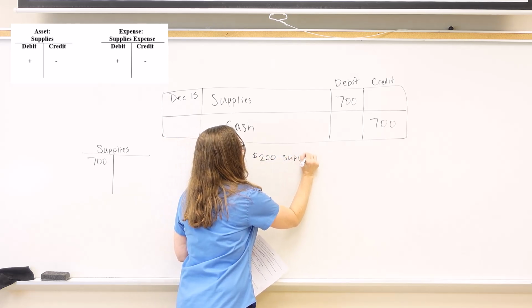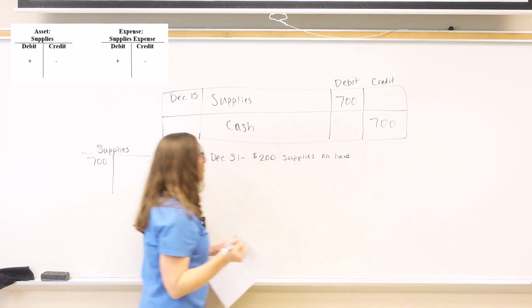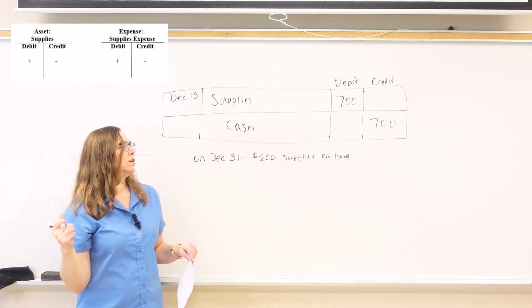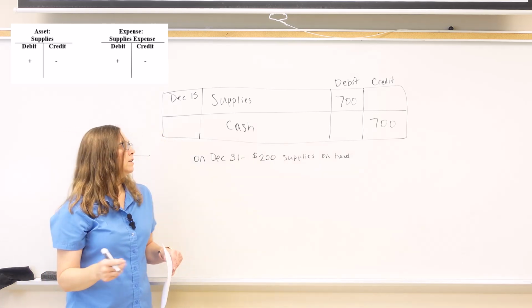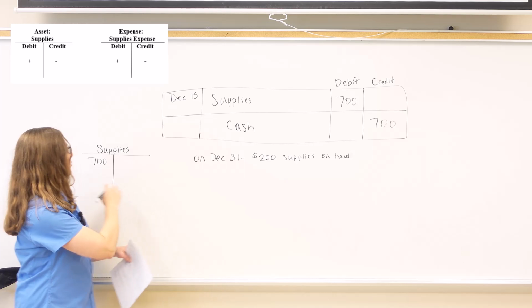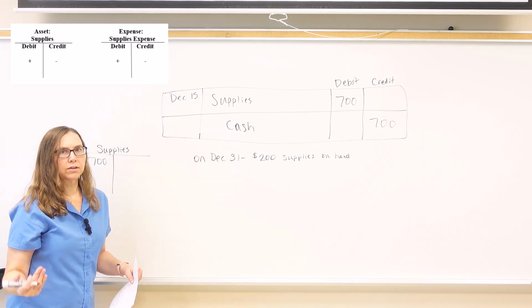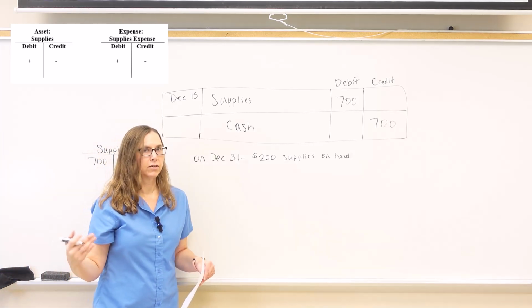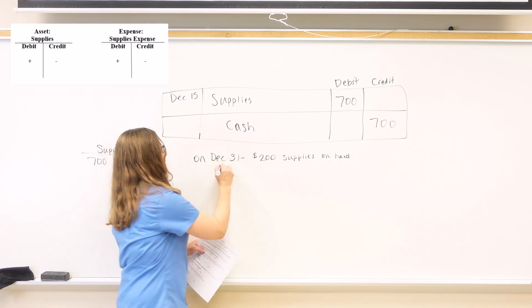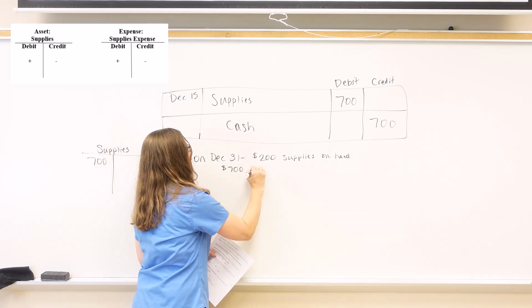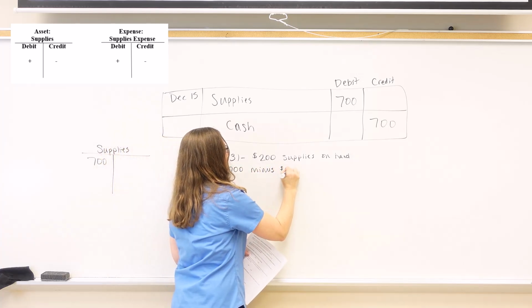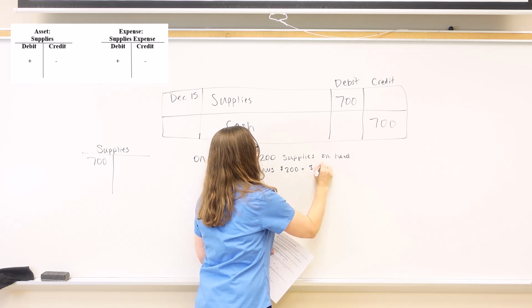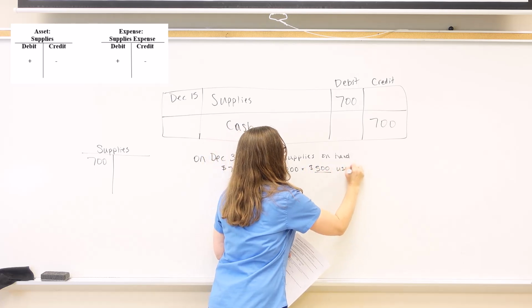So if they have $200 of supplies on hand and they have 700 in the account, that means they've used up $500 worth of supplies. So 700 minus 200 equals 500 that they've used up.